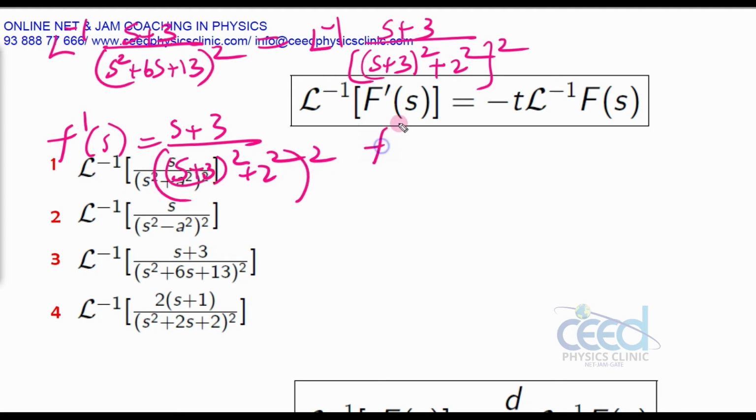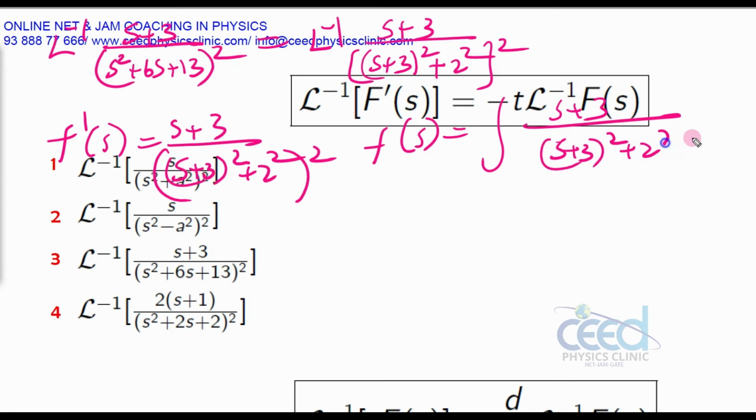So what is f of s? F of s is the integral of this. To find the integral of (s plus 3) divided by ((s plus 3) the whole square plus 2 square), if I take this (s plus 3) whole square plus 2 square as t, then 1 by 2 of (s plus 3) I will get as dt.